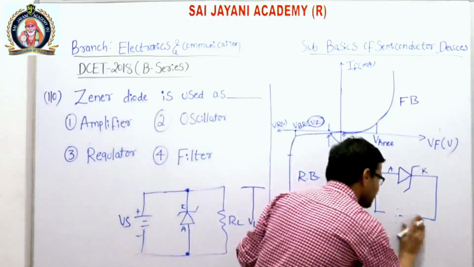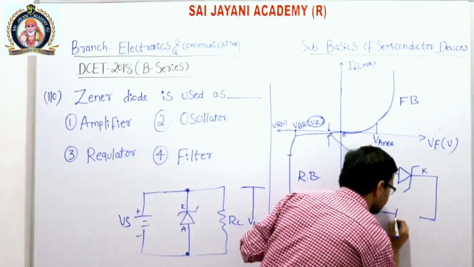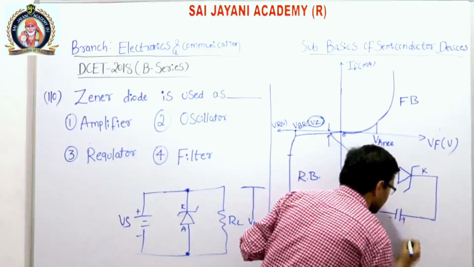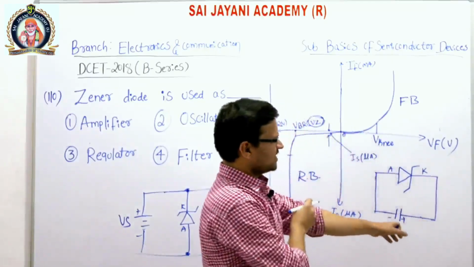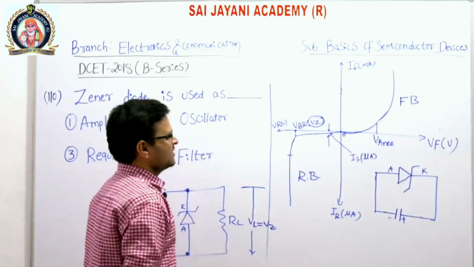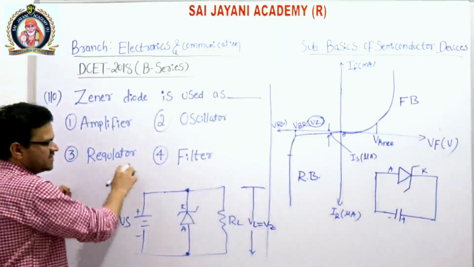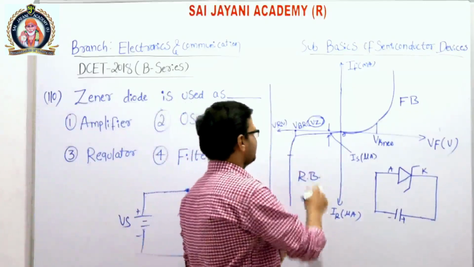If we connect a Zener diode in reverse biased condition, then that Zener diode acts as a regulator. Let us see how it works.